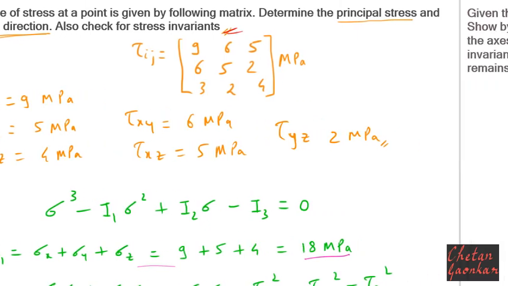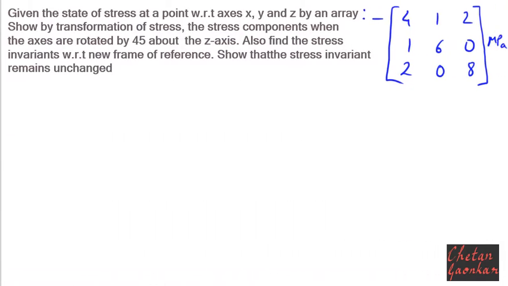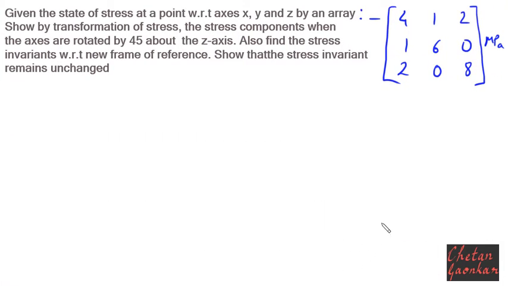Let us solve one more problem, and this will be the last problem in this video. Here again the rectangular stress components are given, and this is basically a problem of transformation of stresses. For this XYZ frame of reference, this is the rectangular stress component.